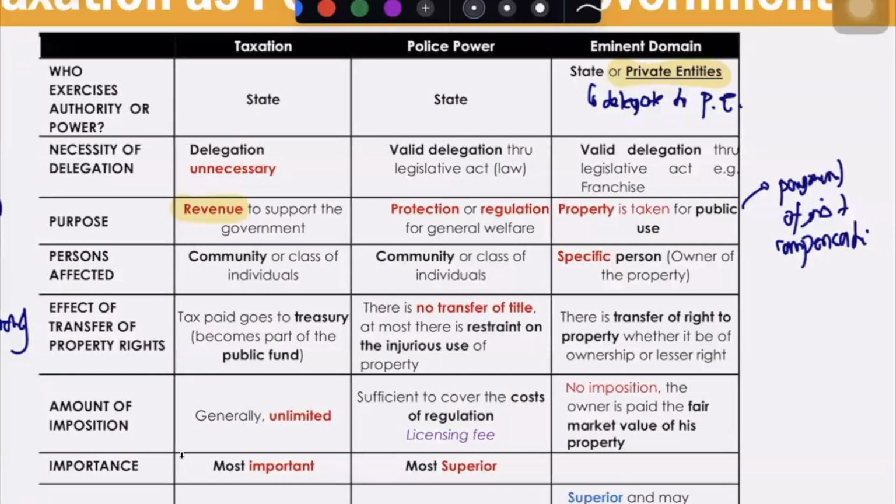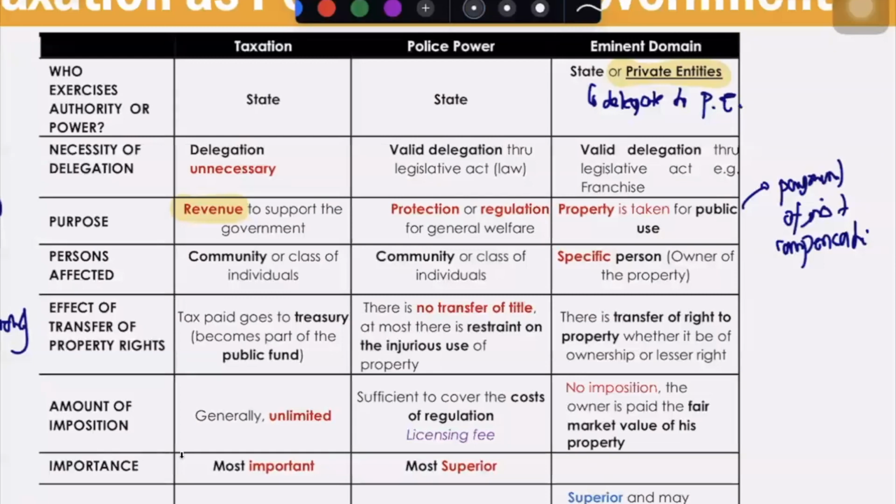Next, as to the persons affected. For taxation, the persons affected are the community or classes of individuals. As we said earlier, there are too many objects or subject matters of taxation. So whoever the government chooses to tax, it can, as long as, as we will discuss later, it is within the bounds of the inherent and constitutional limitations.